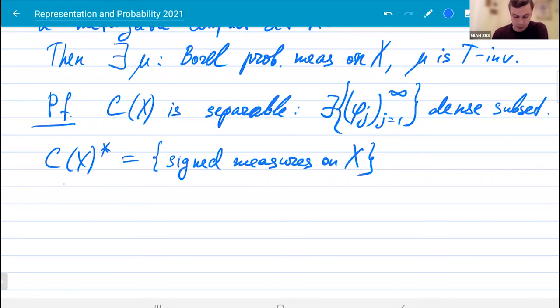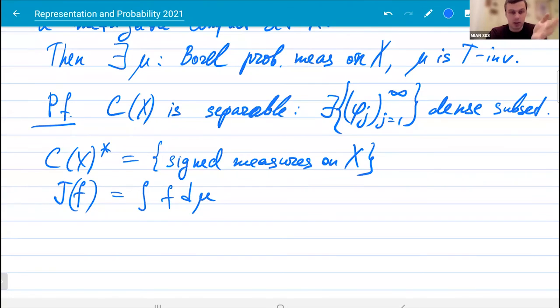So this means that for such a functional G, there exists some measure mu such that G of f is the integral of f d mu, where mu may not necessarily be a positive measure. So the measure of some sets can be negative here.